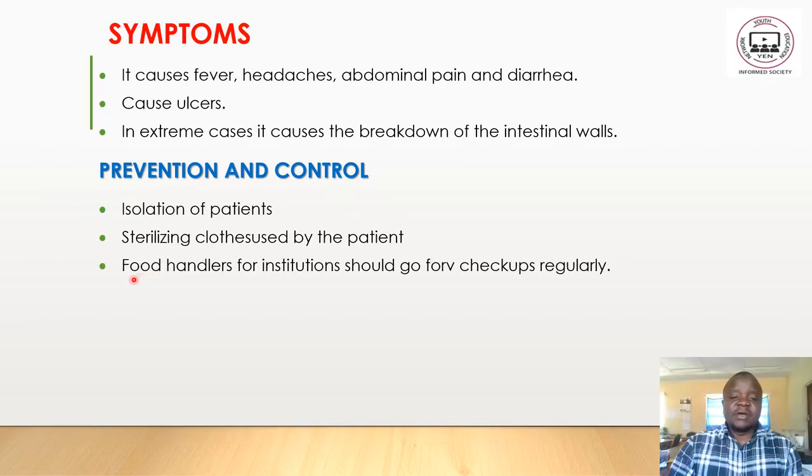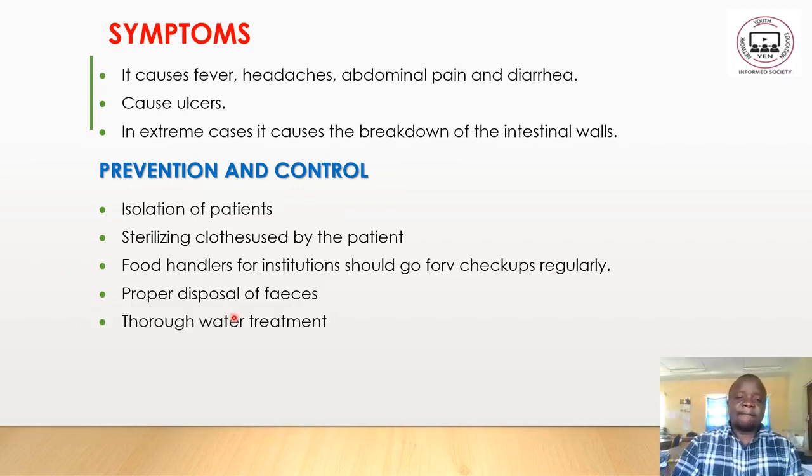Food handlers for institutions should go for checkups regularly. So those who are handling food, like the chefs, they should be going to hospital regularly to make sure that they are not affected by the same disease. Proper disposal of feces can also help.